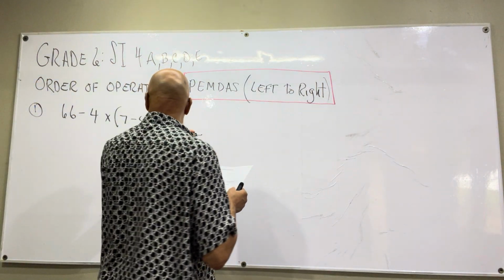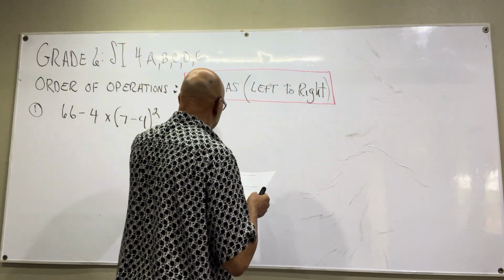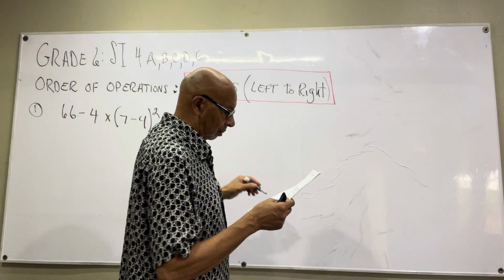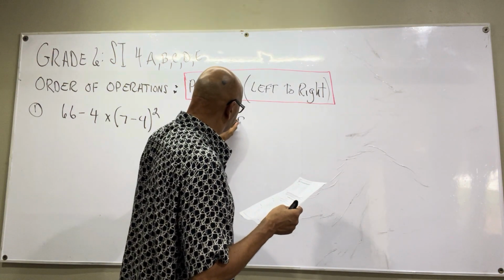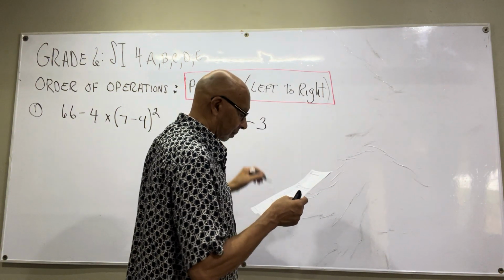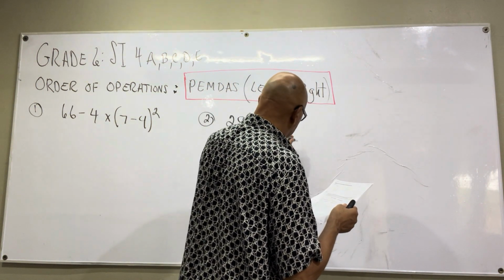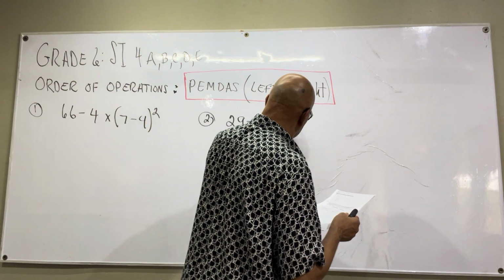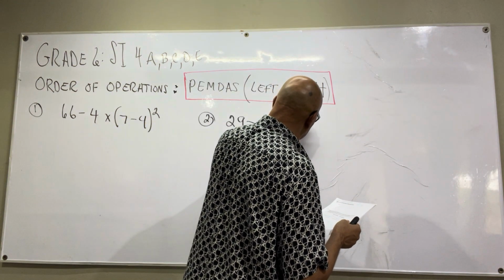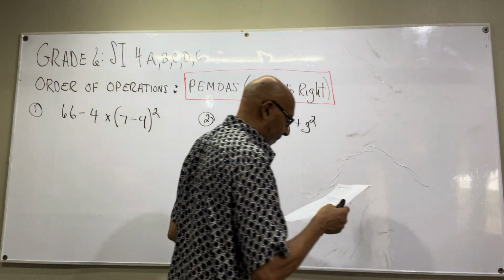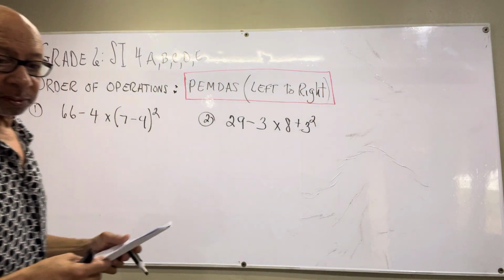Then we have another one, I'll call it number 2, even though it's not 2 on the page, because it was taken from somewhere else, times 8 plus 3 squared. So that's 2. So let's go through these 2.